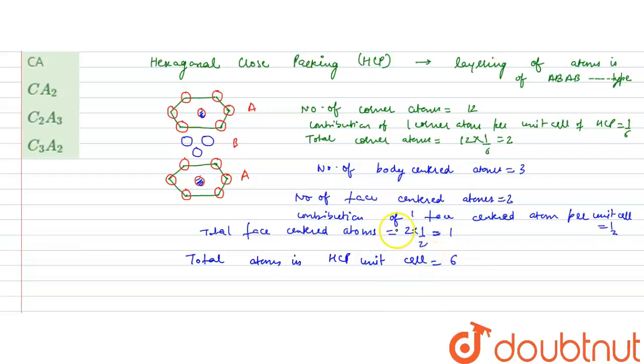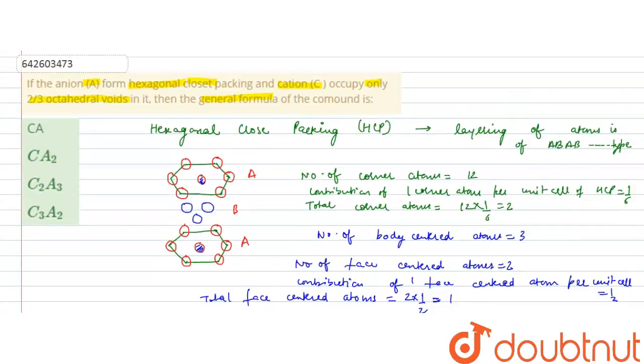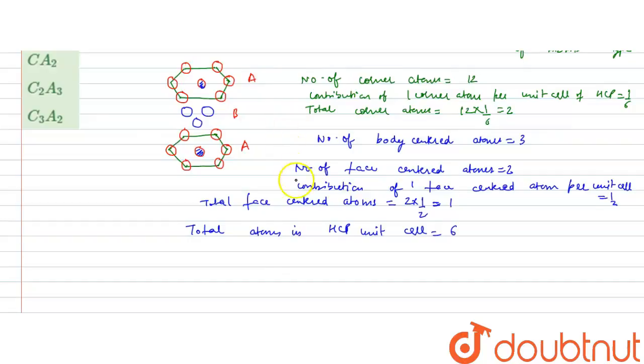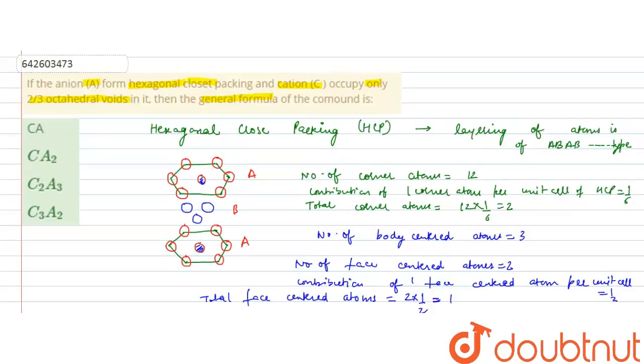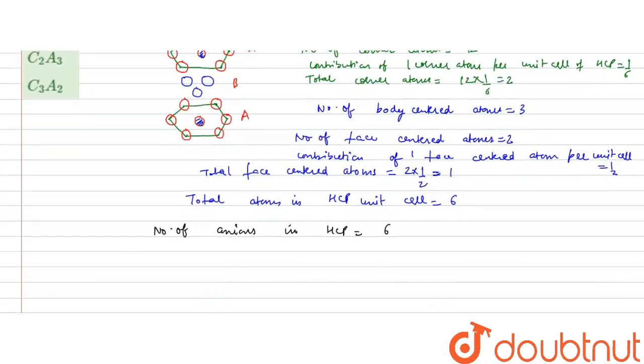Now it is given that the anions A form the hexagonal closed packing. If the anions form the hexagonal closed packing, all the anions will be in hexagonal closed packing. It means the number of anions in HCP will be equal to 6, because there are a total of 6 atoms in HCP. And it is given that the cation C occupies 2 by 3 of the octahedral voids.